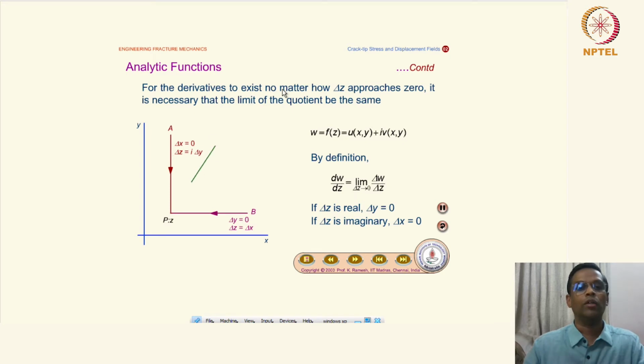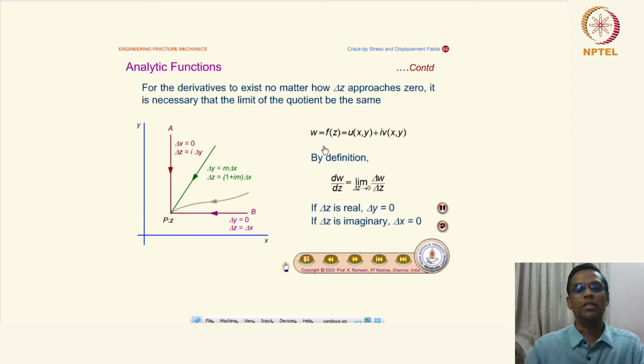So delta z could be i delta y, where delta x is equal to 0, or delta z could be delta x, where delta y is equal to 0, or it could be a linear function which approaches 0, or a non-linear one, something like this. So that is what it means. No matter how delta z approaches 0, the limit of the coefficient must be the same.